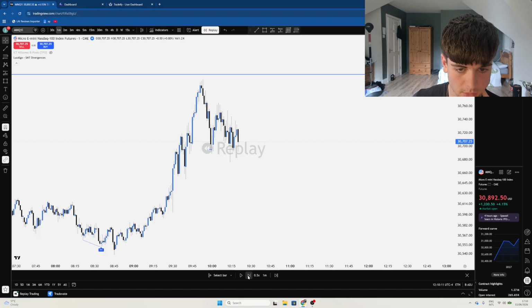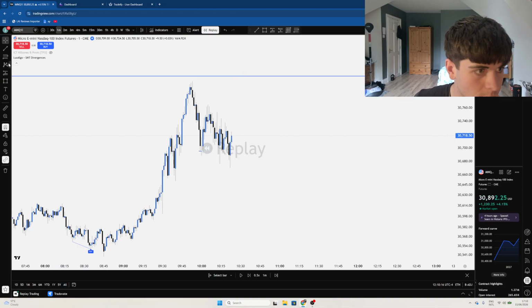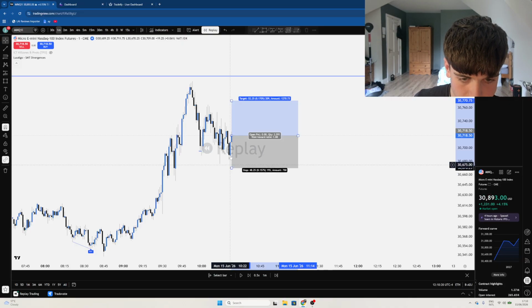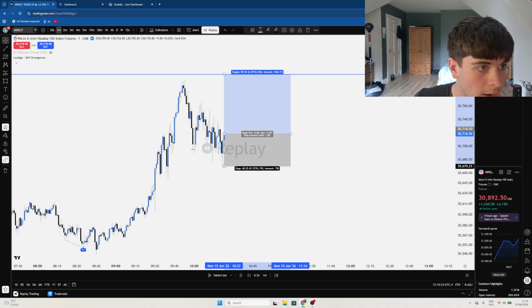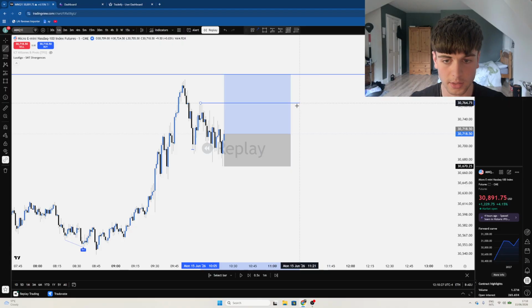Ended up generating more liquidity. Swept this again, resweep, and I entered off a 1 minute here. So it was a 15 minute resweep, and I was targeting up here and break even at the end of this LRL.